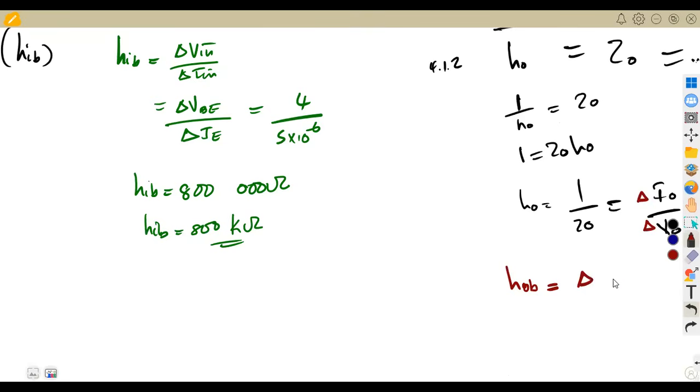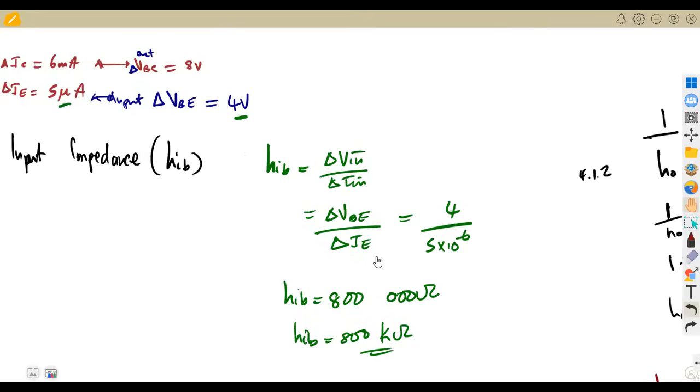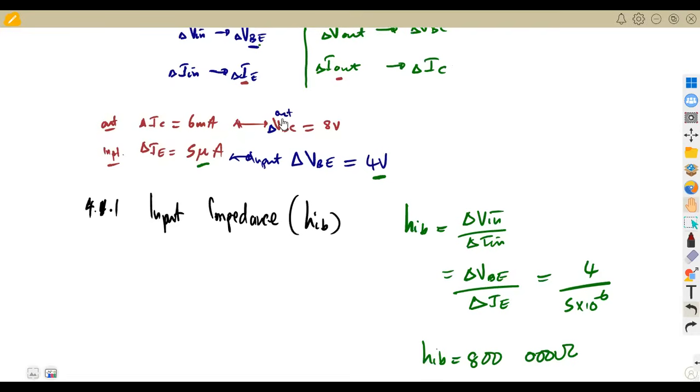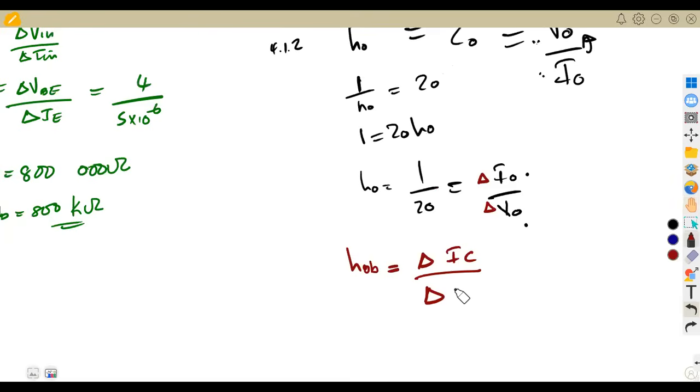So it's going to be the change in IC, which is the output, over the change in output voltage. Our output voltage for a common base is VBC. So we are going to use the change in VBC. That's it. So that's our conductance.